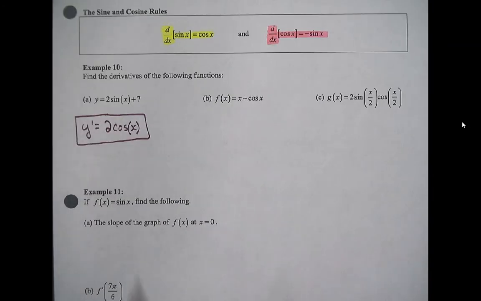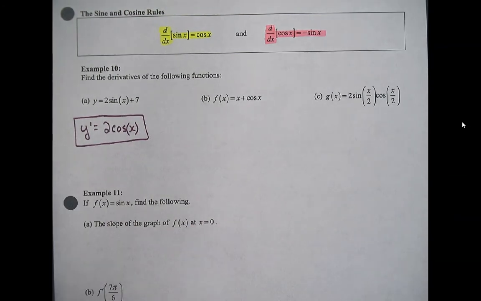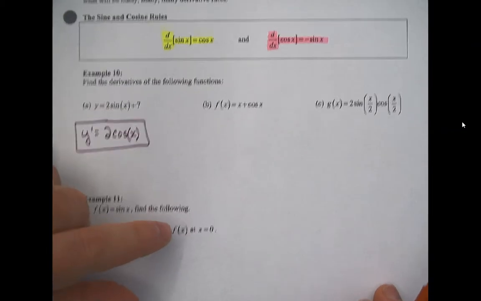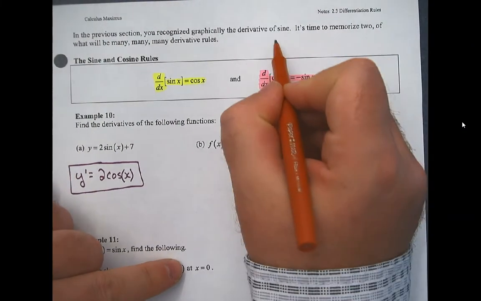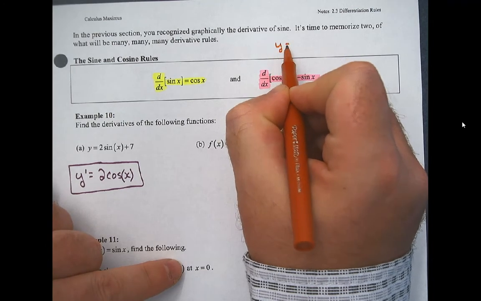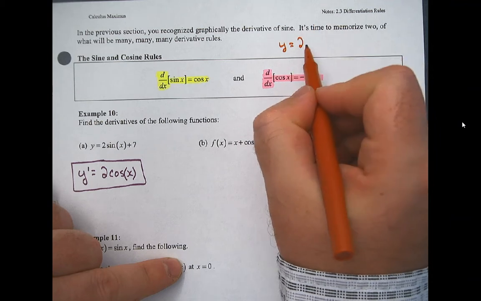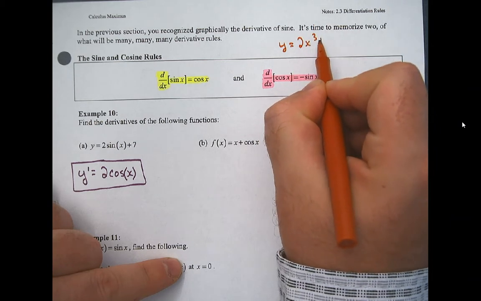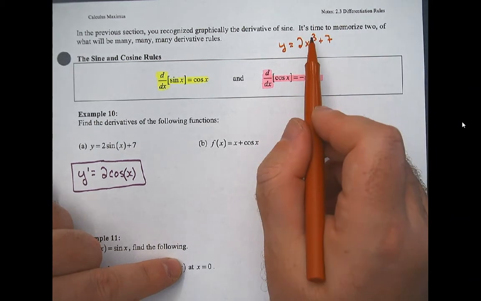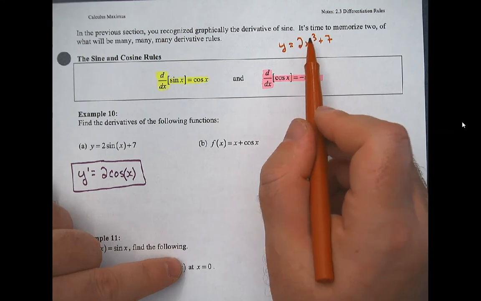Now, what am I talking about? Why didn't the 2 play a bigger role? Let's go back and explain the power rule from a slightly different perspective. Let's say that instead of 2 sine of x, I had y equals 2x cubed plus 7, and I said derive this. Well, you would take the coefficient and multiply, and go from there, right?